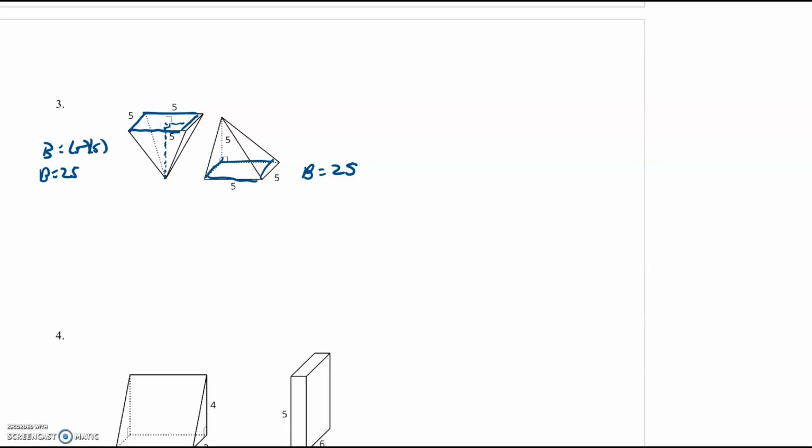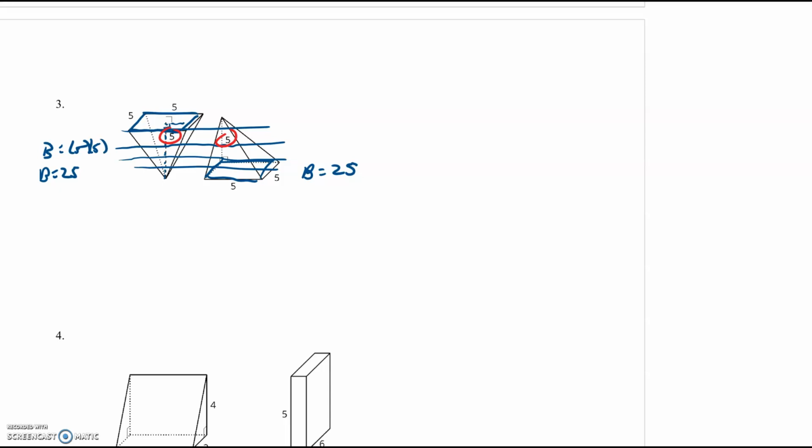Now, if we think about taking this one on the right-hand side and turning it and flipping it so it's standing on its point, what I want you to think about is at every height, if we turn the one on the right-hand side upside down, they both have a height of 5. The 5 here and the 5 here. Both heights are 5. So at the same cross-section, they're going to have the same area.